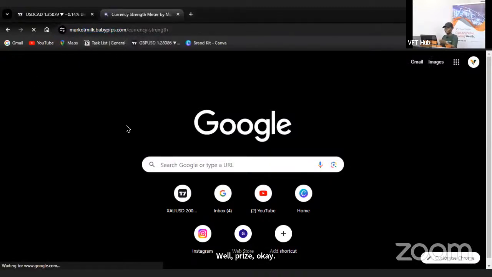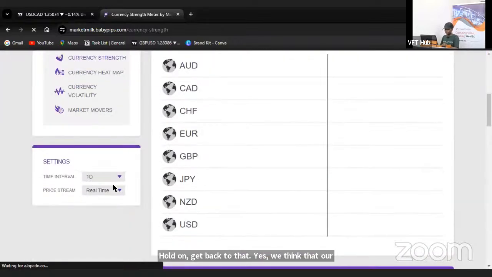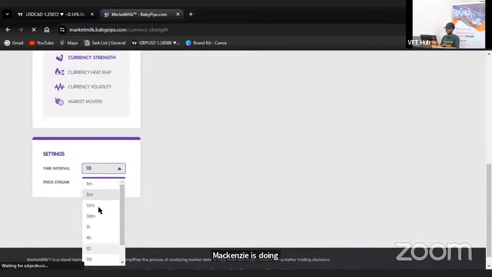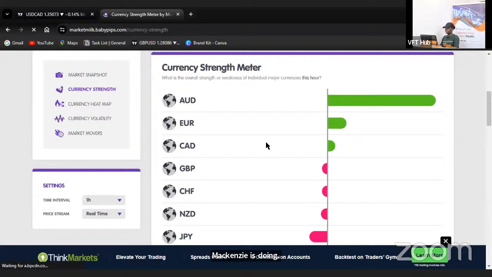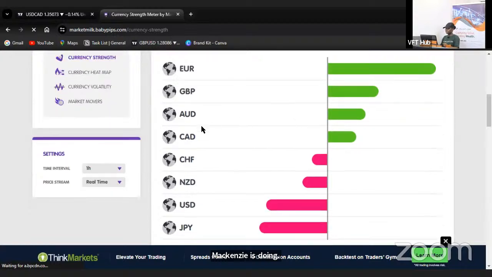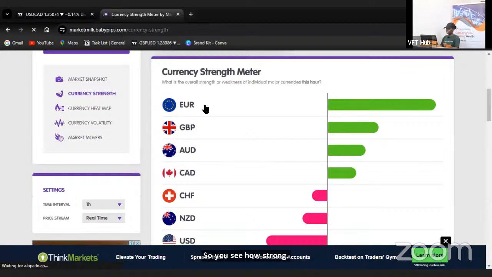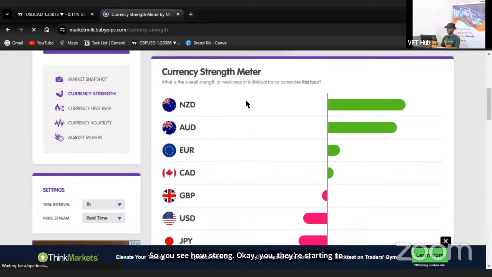Let's quickly look at what market milk is doing. So you see how strong AUD is, they're starting to retrace, I would say. AUD is still strong, let's just wait for this to finish doing the up and down.